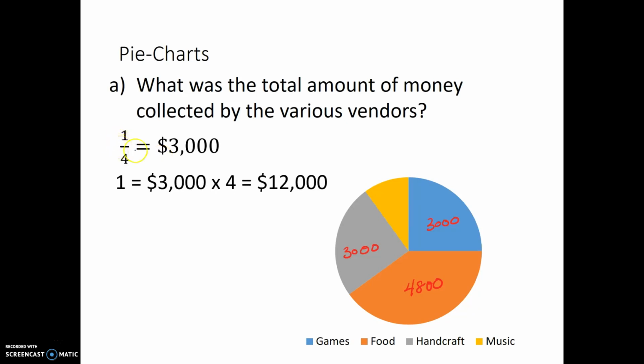I know that 1/4 of the total money was $3,000, so I can multiply both sides by the reciprocal of 1/4, which is 4/1, and that gives me 1 on the left side. And then when I multiply 3,000 by 4/1, I get $12,000. So we know that $12,000 was the total amount of money collected.